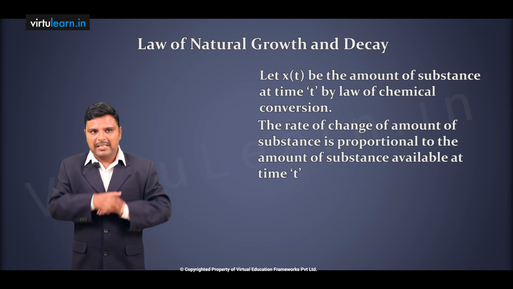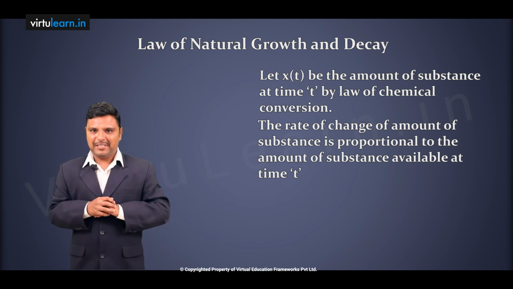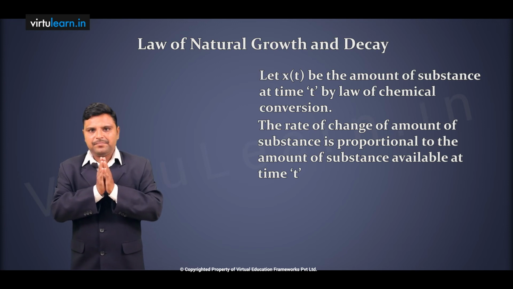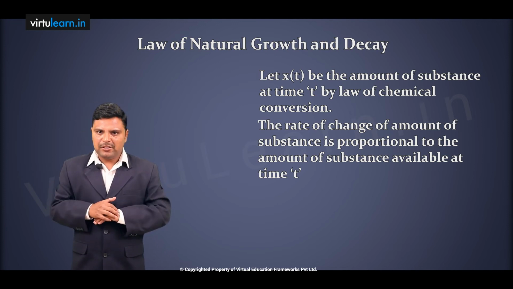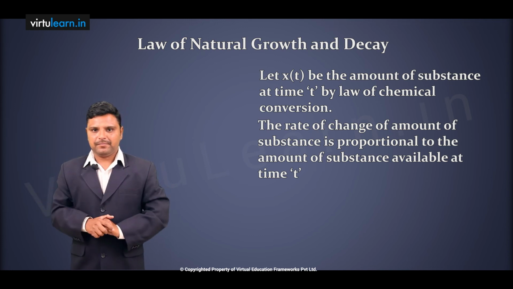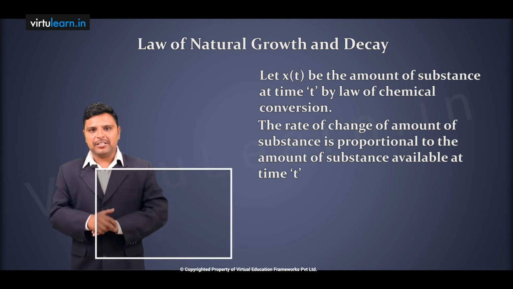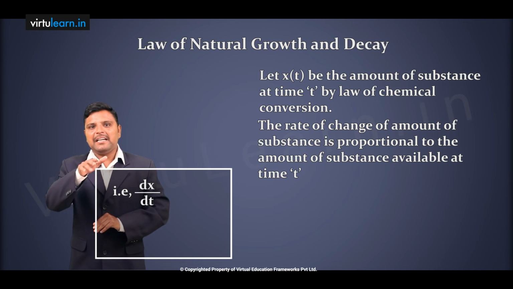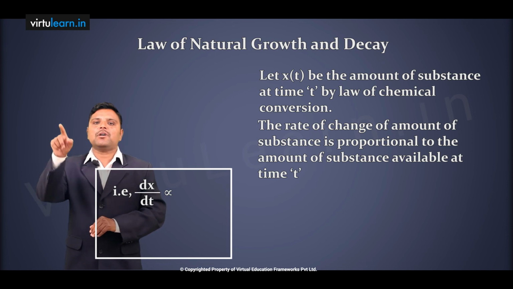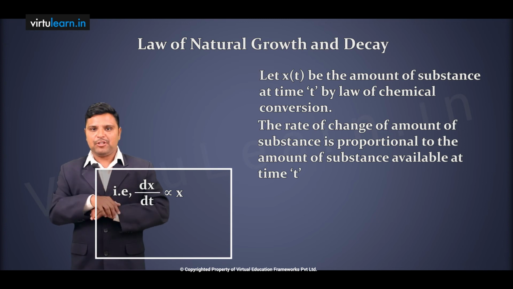Once again, according to the law of chemical reaction, the rate of change of amount of substance is directly proportional to the amount of substance at time t. So dx by dt, the rate of change of amount of substance, is proportional to the same amount of substance, that is x. This is the law of natural growth and decay equation.